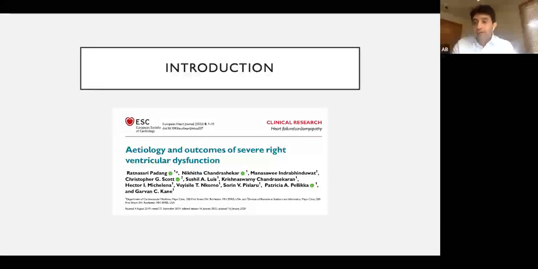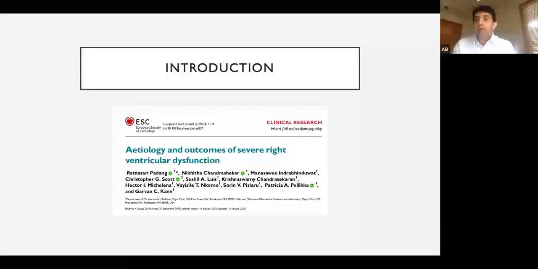Again, heart failure is a syndrome. Heart failure is a clinical diagnosis. Those are extremely important concepts. You just need to carry them through the rest of your career. No matter what the echo showed you, if the patient is clinically not in heart failure, they are not in heart failure.